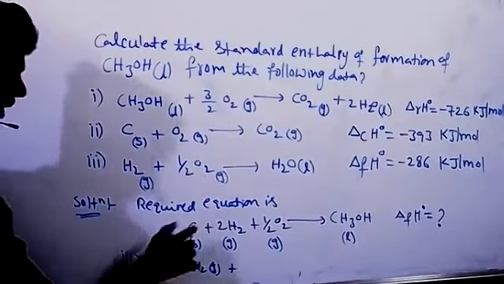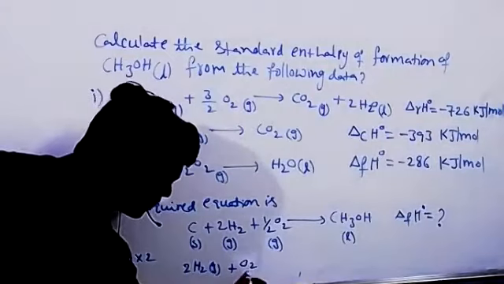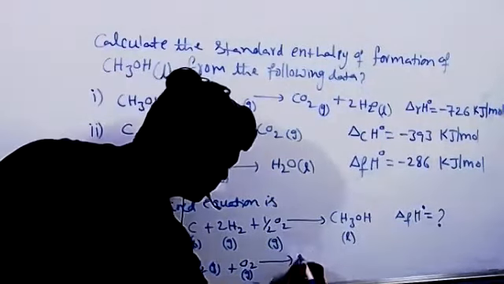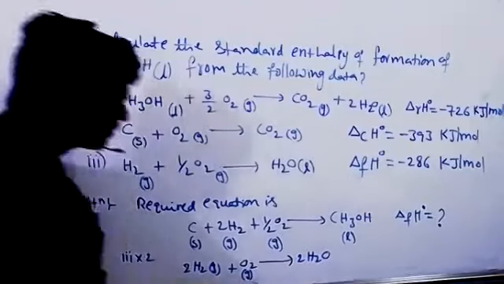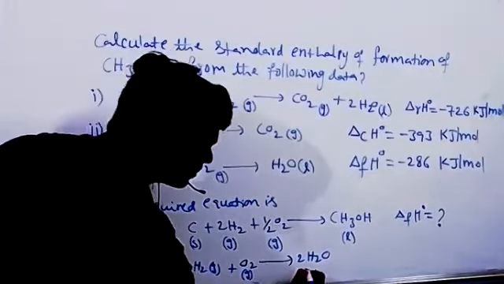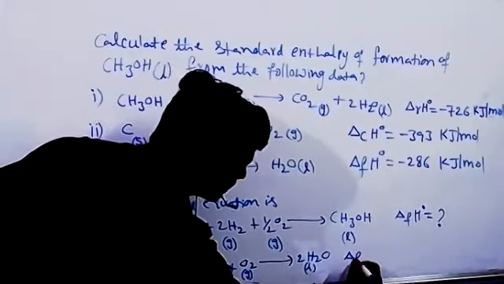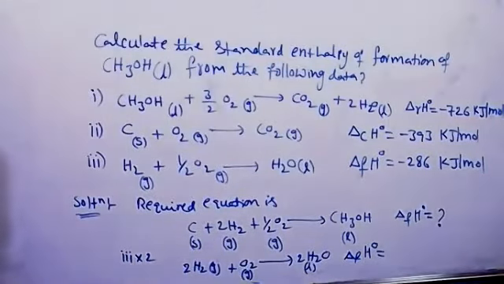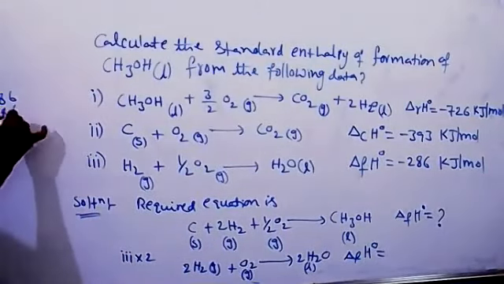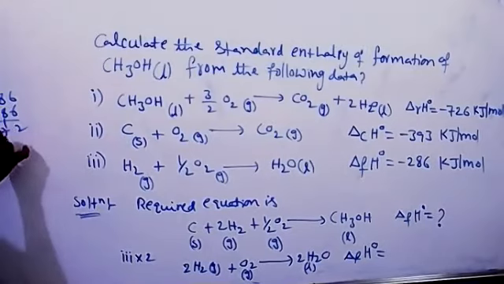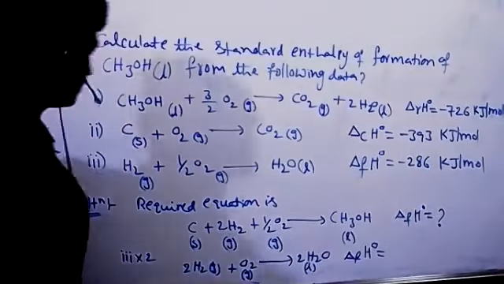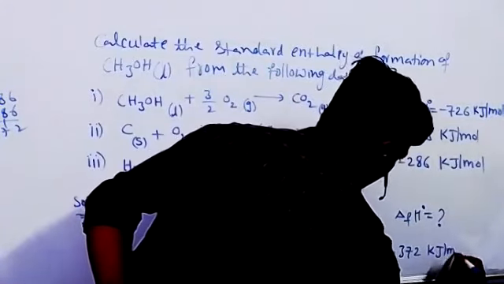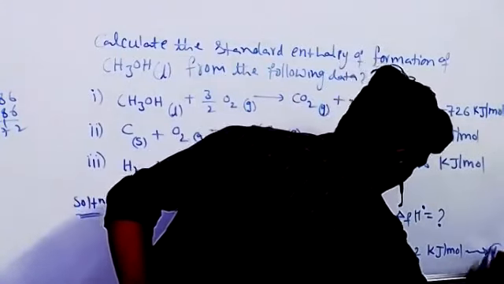The 1/2 cancels, so it gives just O2, giving rise to 2H2O liquid. Then the enthalpy of formation also we have to multiply by 2: 286 into 2, minus 572. So this is considered as equation 1.